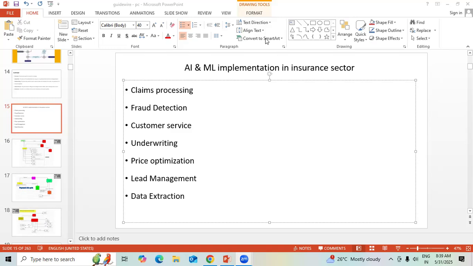Next is fraud detection. Many insurance companies usually face the threat of fraud, and because of fraud there is a lot of financial loss for insurance organizations. So identifying fraud is essential when performing business. How do we deal with fraud?